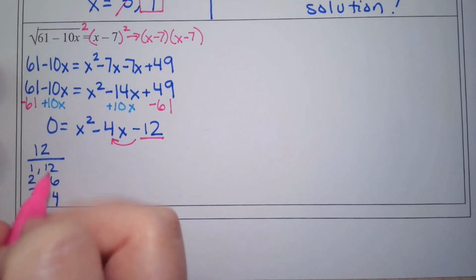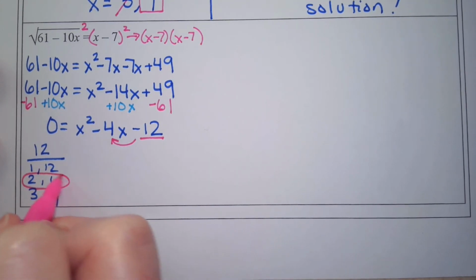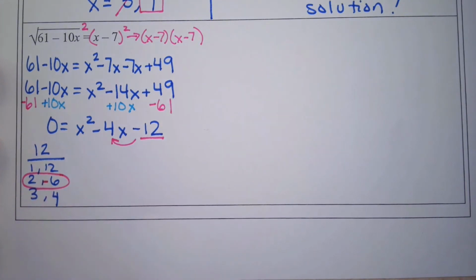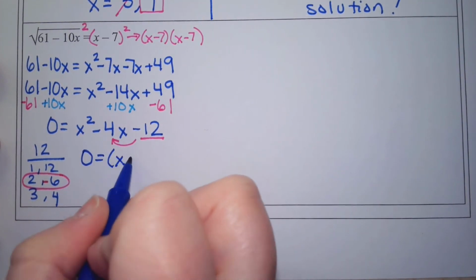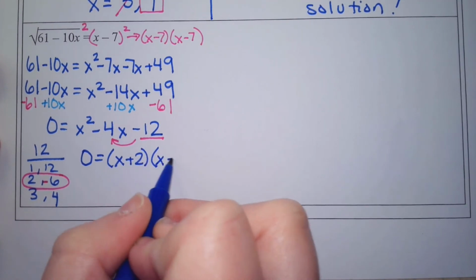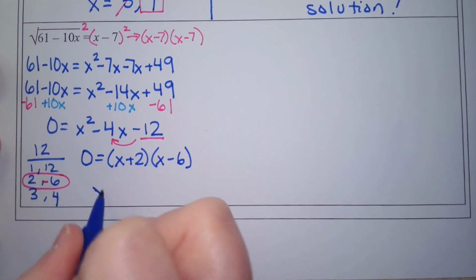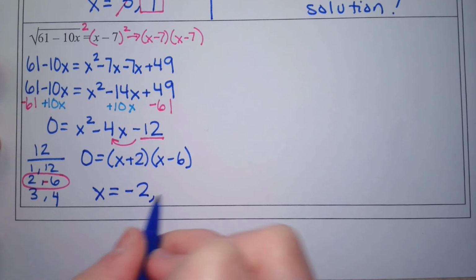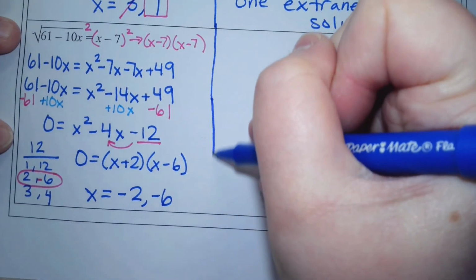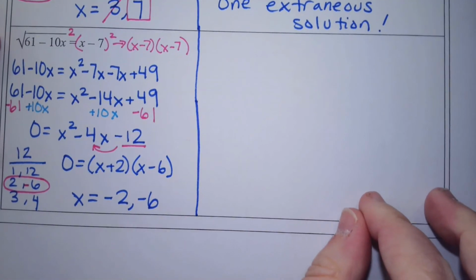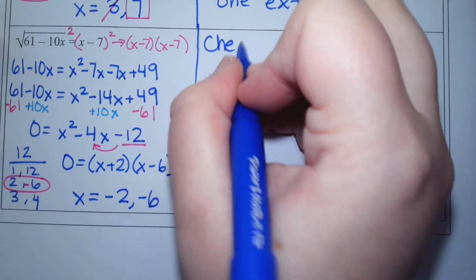The only pair is going to be 2 and 6 with a minus going on the 6. So 0 is equal to x plus 2, x minus 6. So x is equal to negative 2 and 6. All right, we're almost done. Last round of checking.